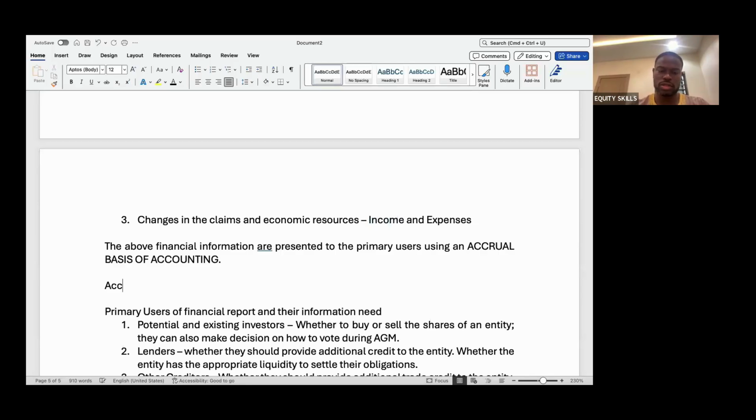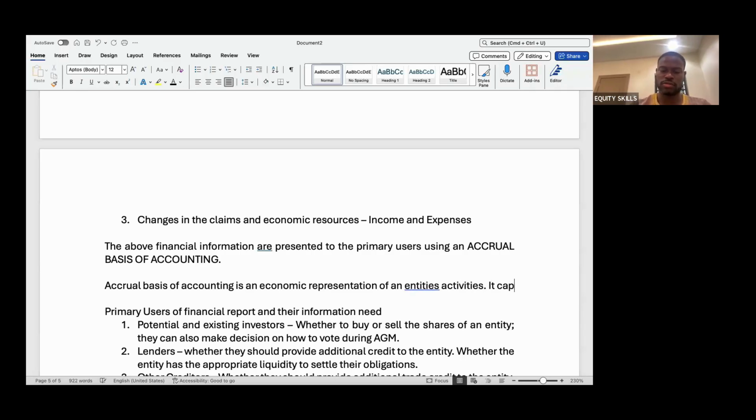So, accrual basis of accounting is an economic representation of an entity's activities.